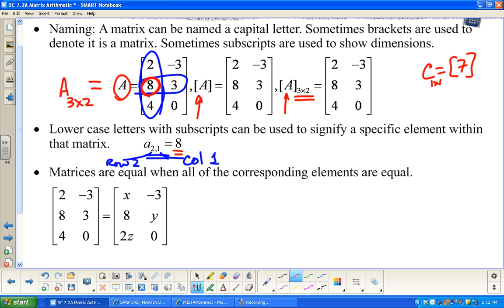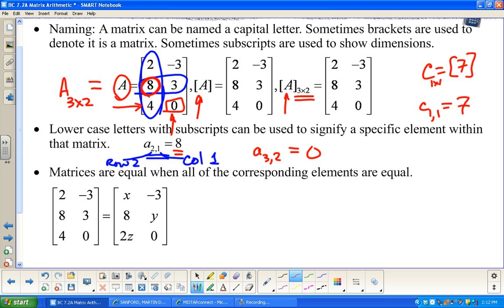If you said a 3, 2, well, here's row 3, and here's column 2, so that would be 0. So that's a way to talk about a specific element. If I do lowercase c here, row 1, column 1, that element is 7. Of course, there's only one row and one column, so it's not very exciting.